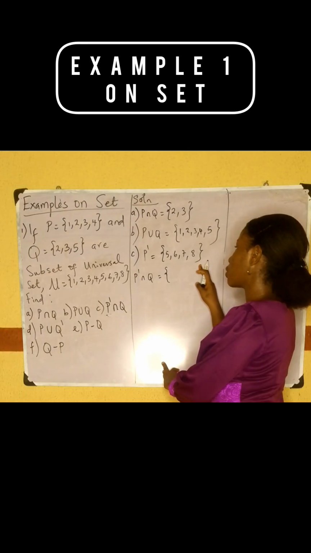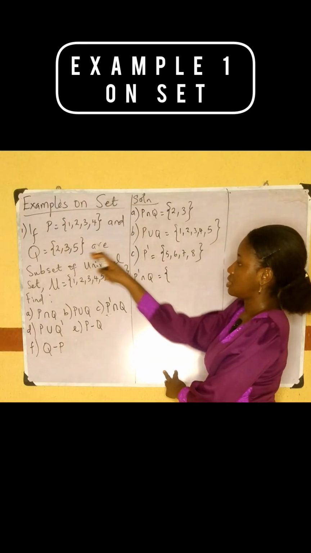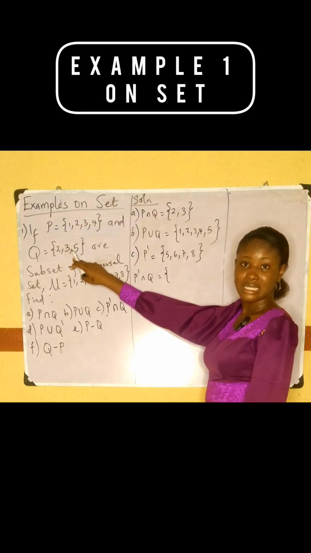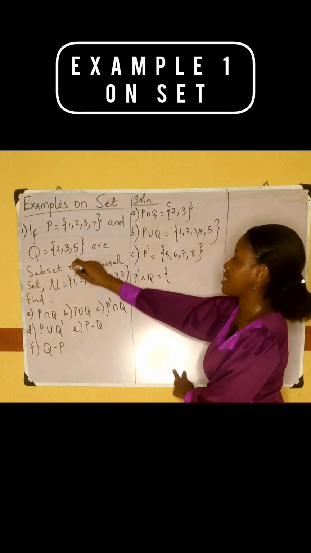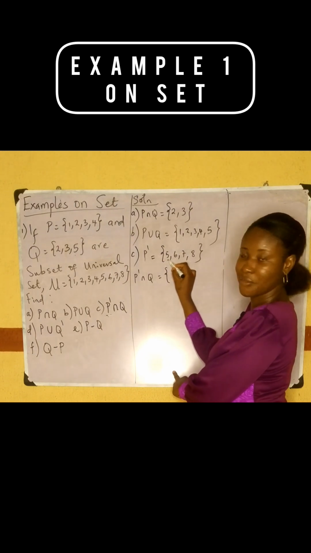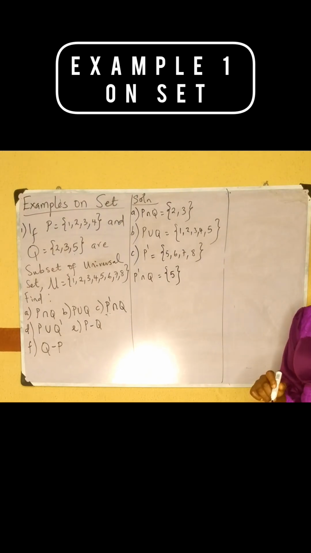Is there any relationship between P complement and Q? What is common? I can see a 5 here, I can see a 5 here. So that's our answer. Did you get that?